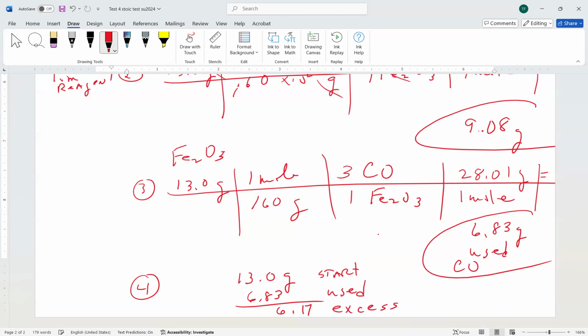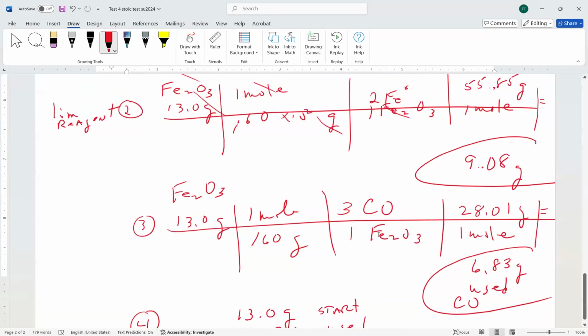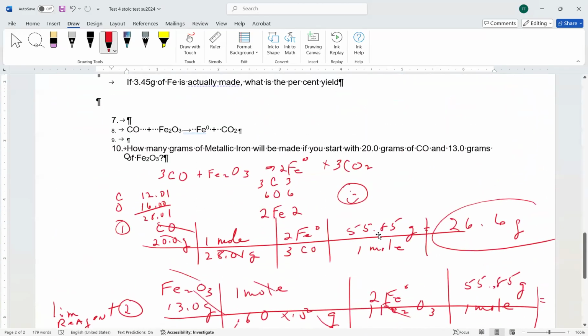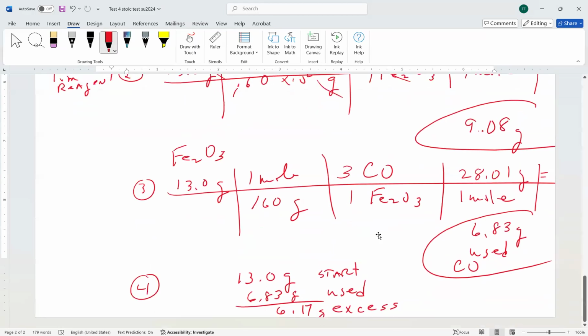So you have 6.17 grams excess. And is there a yield? No. And there could be another step if I ask for a percent yield.